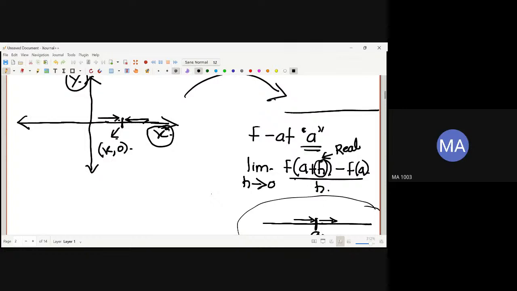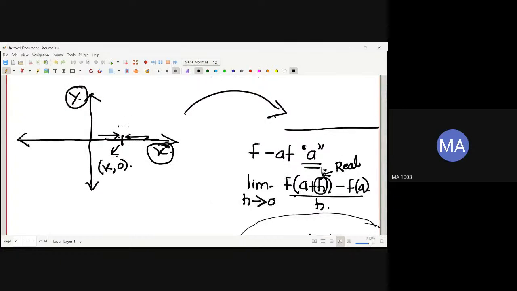But we are only concerned about the derivative with respect to x, so we'll stick to this x-axis. Since now I'm in this plane, I have to replace this h by h comma 0, because it's a plane.